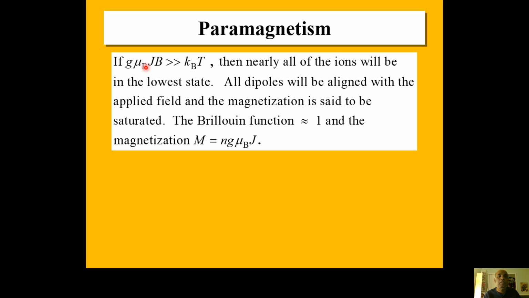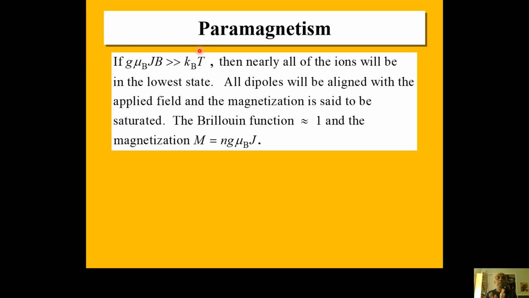Now consider the situation where this term, g mu B J B, is much greater than the k_B T term. The k_B T term is nothing but the thermal energy, right? So if you are not at a very high temperature and your B is large, that magnetic energy is much larger than your thermal energy.